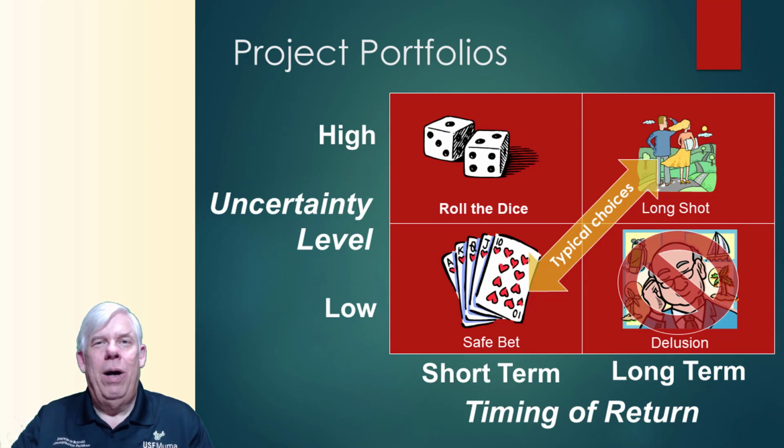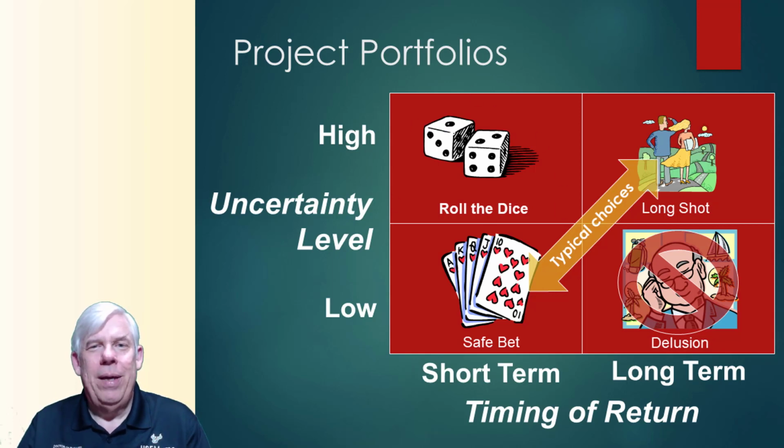Now, there's another quadrant potentially. I call it the roll the dice quadrant. These names are mine more than anyone else's, where you take a high uncertainty in the short term. Legend has it that when Federal Express was first getting started, they were almost out of money and decided to fly to Las Vegas and make bets so that they could make payroll.